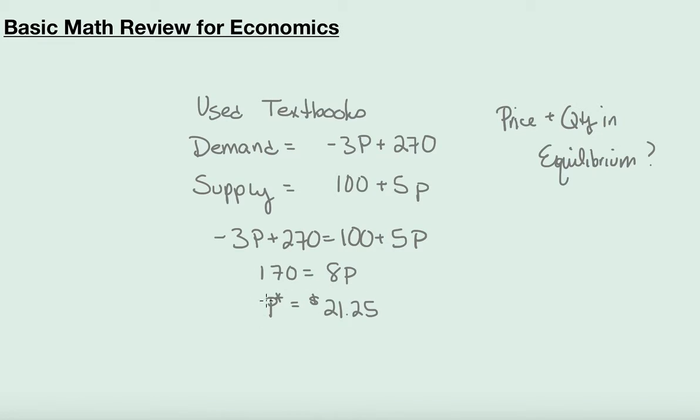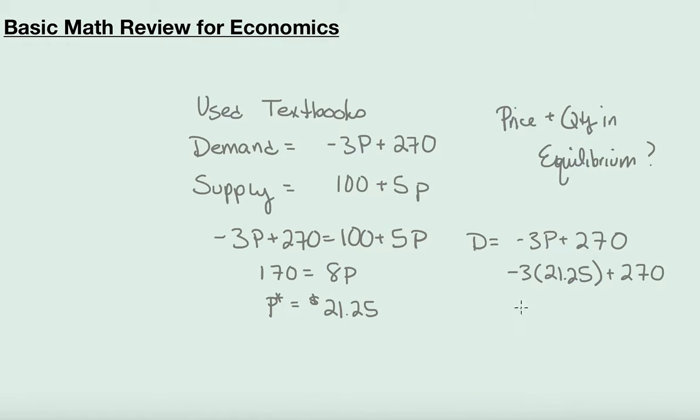So now that we have our value for p, we can stick it into the supply equation or into the demand equation. They will be the exact same. So demand is equal to negative 3p plus 270, and we know that it's negative 3 times 21.25 plus 270.